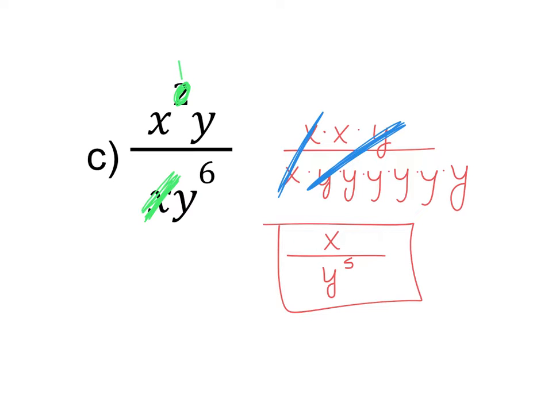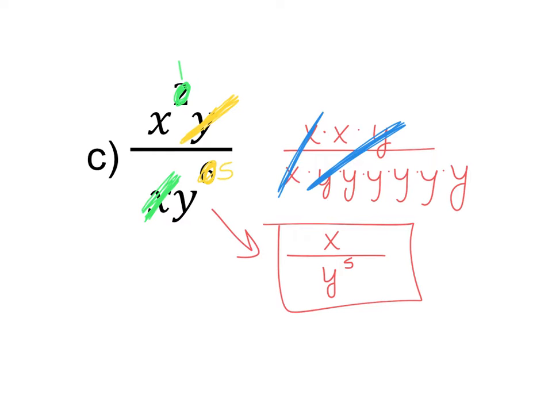And then how many y's can you cancel out? Well, it looks like there's 1 on top, 6 on bottom, so you can cancel out 1, and then this will be left with 5. So whenever you put all of that back together, you end up getting your answer, x to the 1st power. You can write it like that or just leave it as x. And then on the bottom, you have y to the 5th.